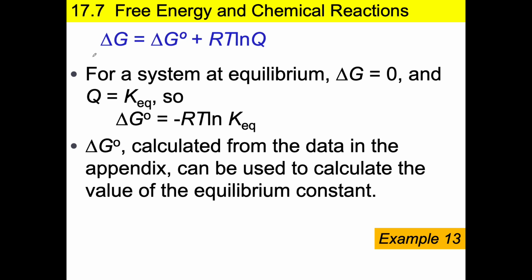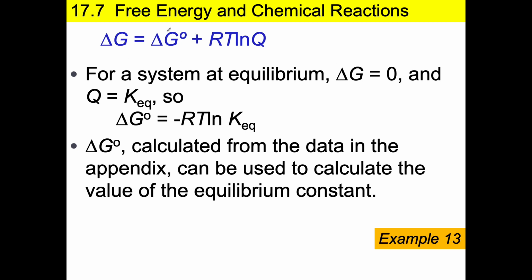In the last section, we introduced the dependence on the concentrations with this equation here in blue, which is on your sheet, so you don't have to memorize this. But delta G is the standard Gibbs free energy change plus RT ln Q. We said that if delta G is equal to 0, that means you have equilibrium.